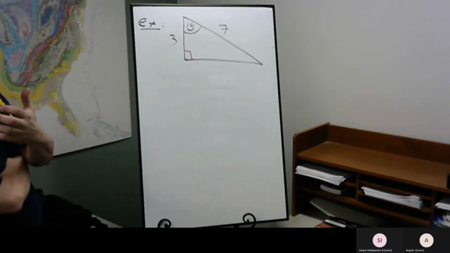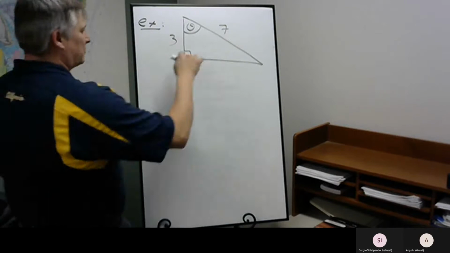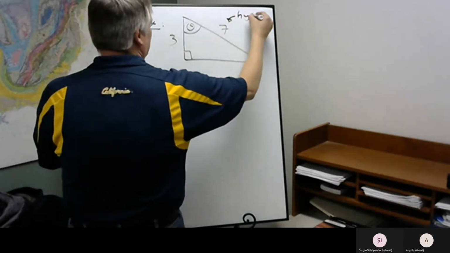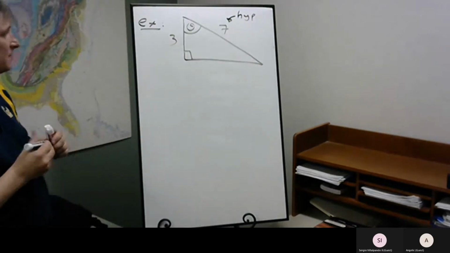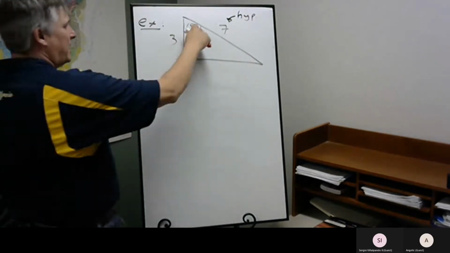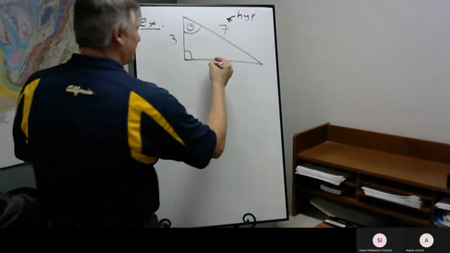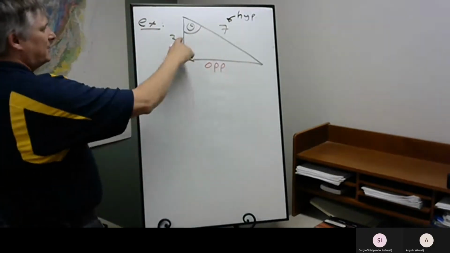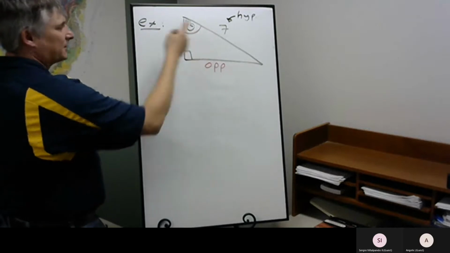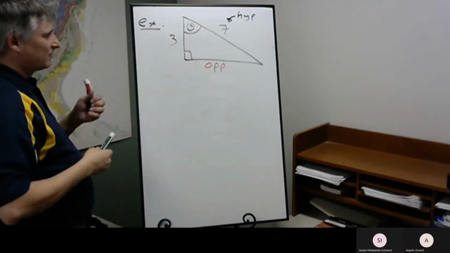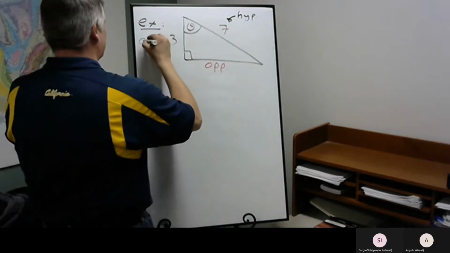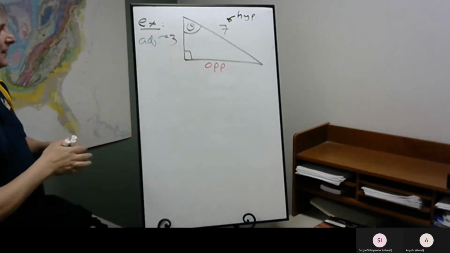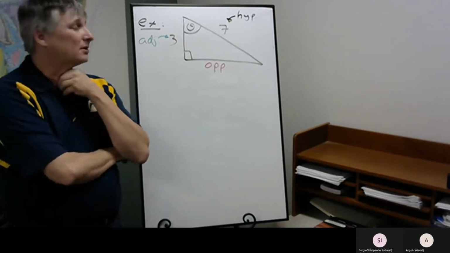Well, again, we can try to label the sides, and this doesn't hurt. So across from the, I'm sorry, the 90 degree, that's your hypotenuse. The side across from the angle will be your opposite. And then this side here that's helping create this angle, but it's not a hypotenuse, that's your adjacent. Now the problem here is we're missing the opposite.